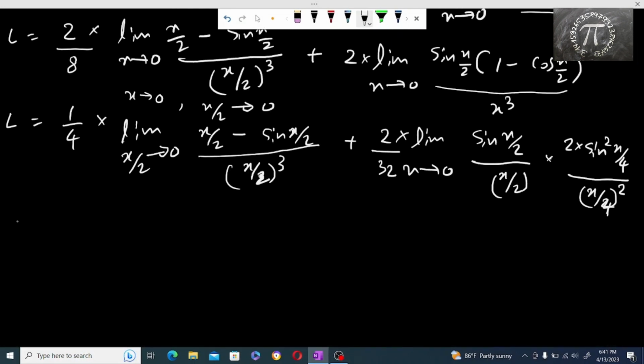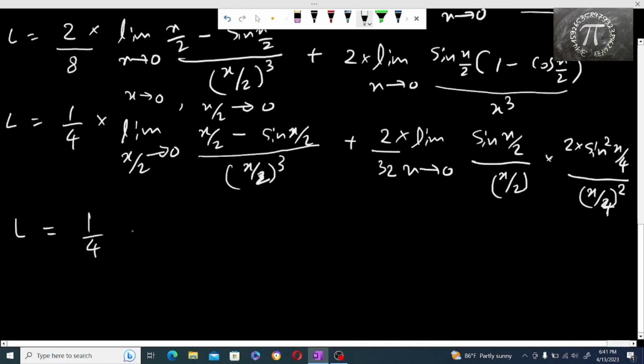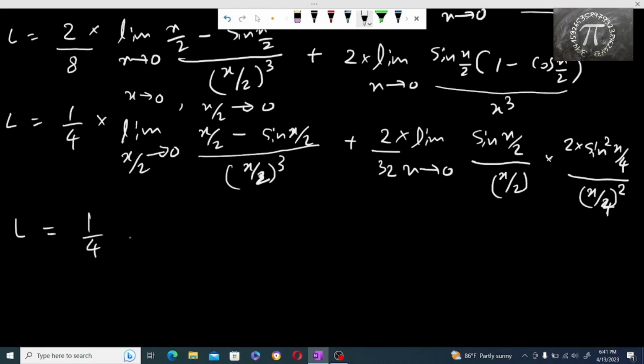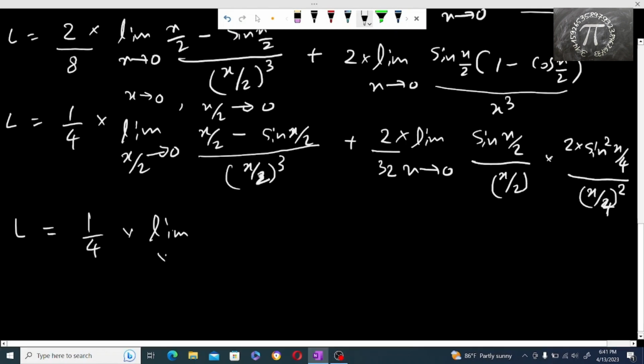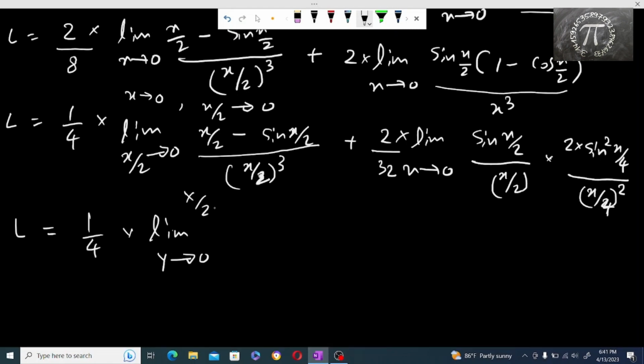Now in this part, L equals 1 over 4. Instead of x/2, I'm going to write y, where y goes to 0. x/2 equals y, and when x/2 goes to 0, y also goes to 0.